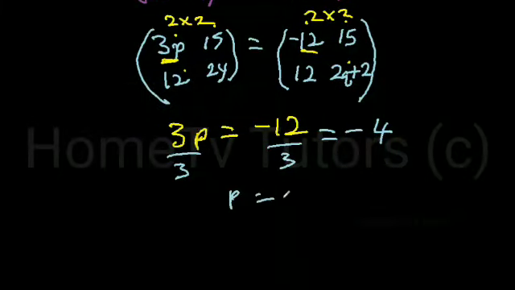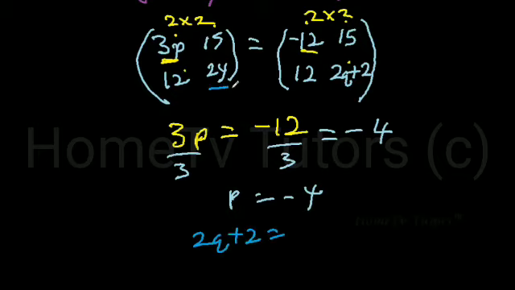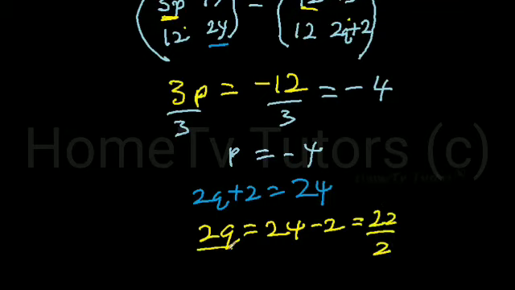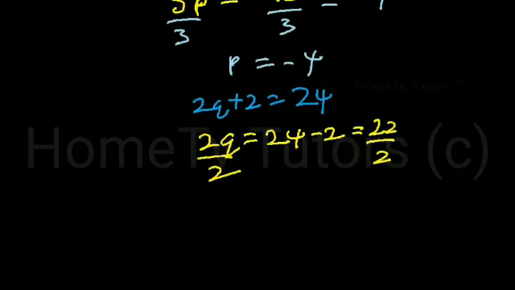Now let us look for q as well. 2q plus 2 must be equal to 24 as well. So now if we subtract 2 from both sides, we have 2q equals 24 minus 2, which will give us 2q equals 22. Divide both sides by 2. So we now have q equals 11. So the element p is -4 and the element q is 11.